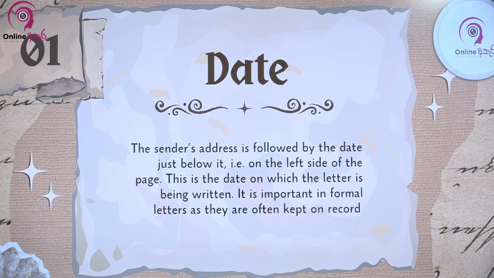So it's not basically your fault. But in order to prove it, one thing is the seal on the cover that the post office puts, and once you open the letter, the mentioned date also matters. So this is very important. Right below your address, or the sender's address, you put the date.